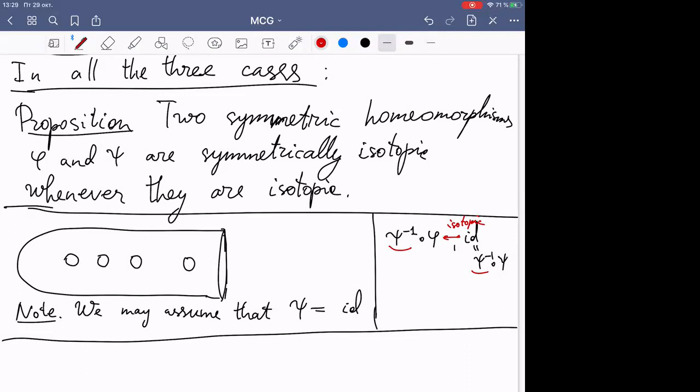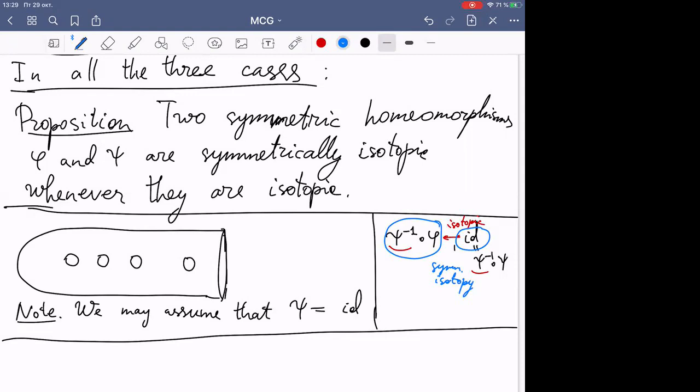So we know that these two homeomorphisms are also isotopic. But if the proposition is true in this situation, then we can deduce that these two homeomorphisms are symmetrically isotopic.